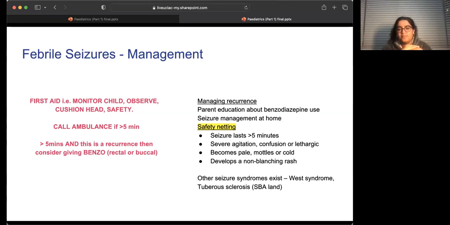And then you can give them benzodiazepines if they've had febrile seizures in the past. Then you can start giving them, and you can tell them how to use them. And then it's really, really important to obviously safety net. So if it turns into status, then call 999. You'd call them anyway if it lasts more than 5 minutes.